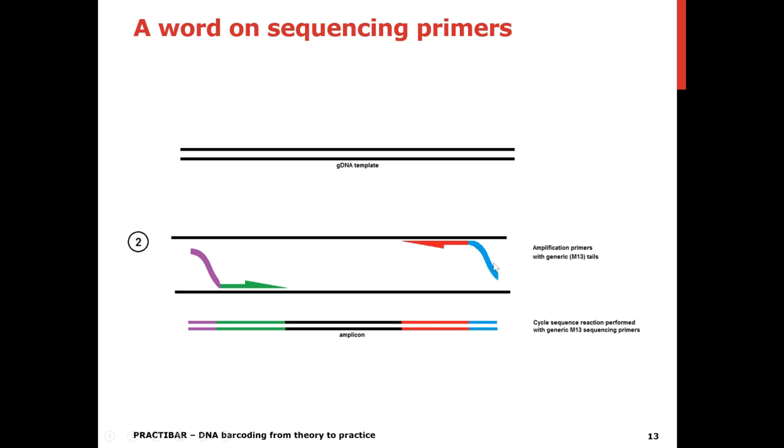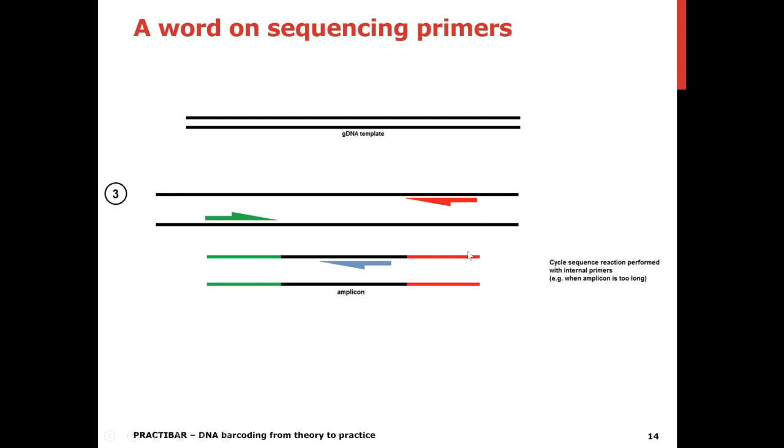These are parts which don't anneal to your original DNA template, but they're built into the amplicon, and then you can sequence with M13 sequence primers. The third option is that you have amplification primers and you sequence with internal primers. This is, for instance, done in the DNA barcoding protocol for bacteria for the 16S, where you amplify a very large product of 16S, but then that one is sequenced with 2 internal primers.